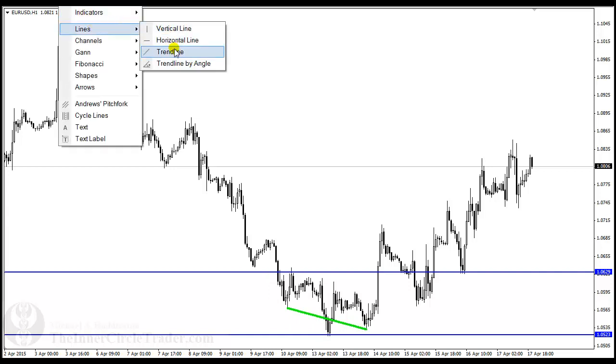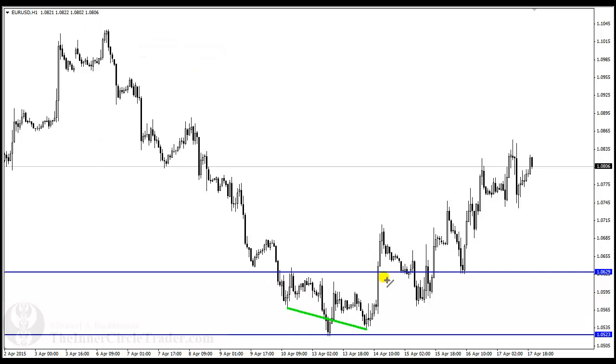It doesn't always work, but when people ask me, how do I know which one of the pairs I'm buying when I'm looking for SMT divergence? And if you don't know what that is, you didn't watch my other videos, and I'm not teaching it here. If you're looking for which pair to buy when you're bullish on correlated pairs, the reason why I buy certain ones is what I'm showing you right here, and you'll see that it works more times than it doesn't, but you'll see in a second.